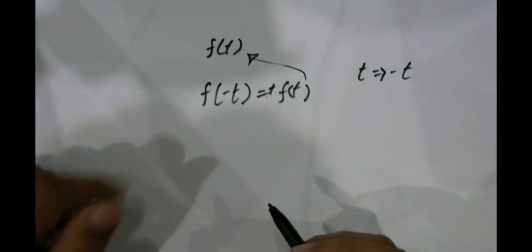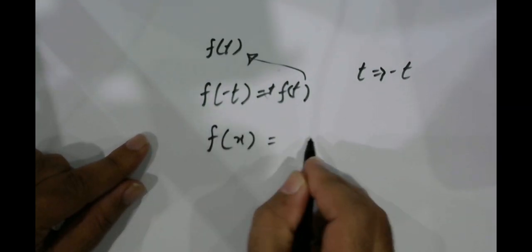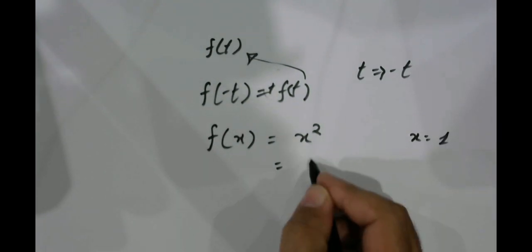An even function. For example, you are given a function f of x equal to x square. Is it an even function or an odd function? Let's take some value, say x equal to 1. This gives you 1.